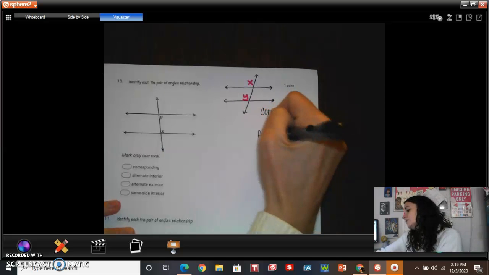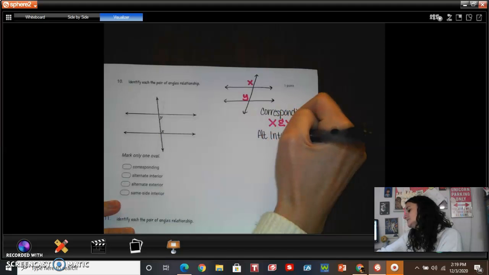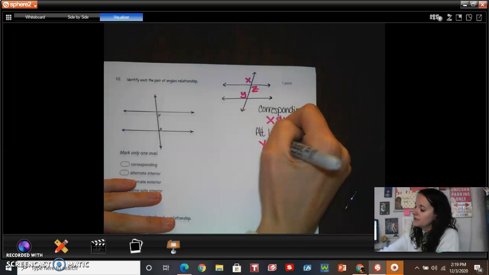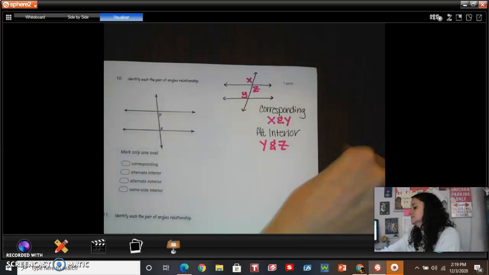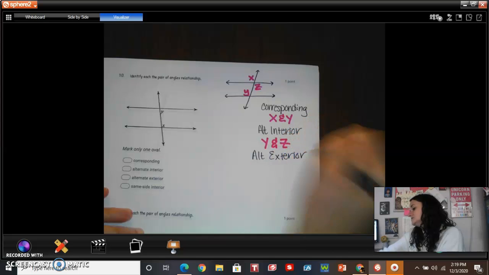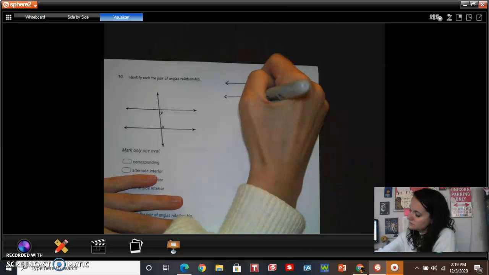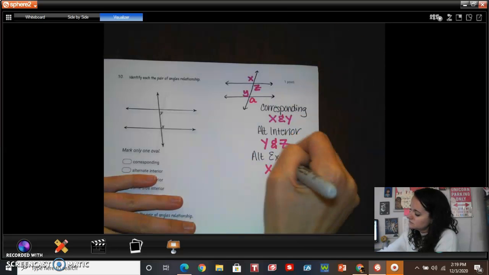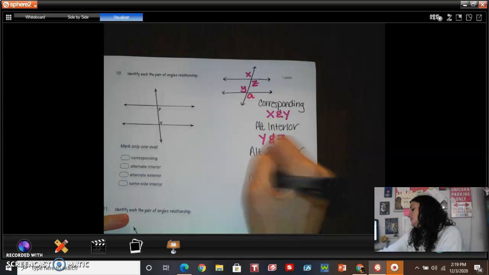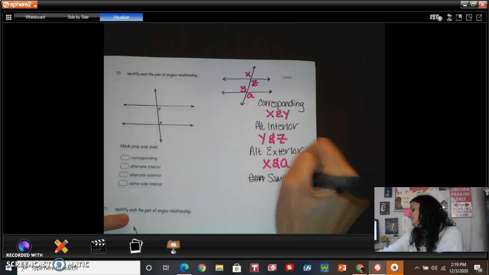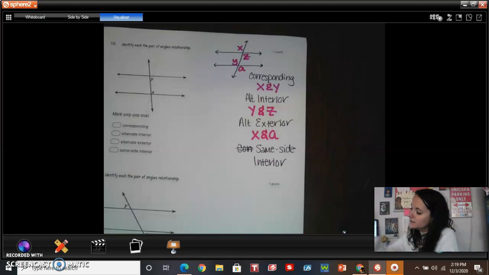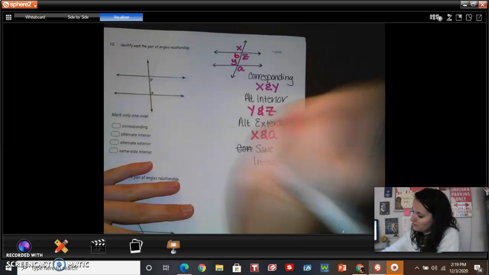Okay, then we have alternate interior, like Y and Z. And then we have alternate exterior, like X and A. And then we have, nope, same side interior, like Y and B.